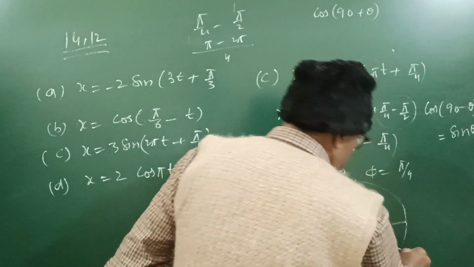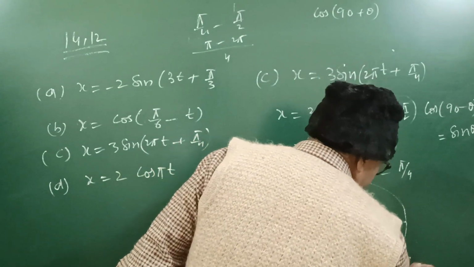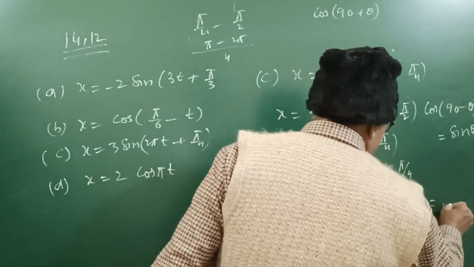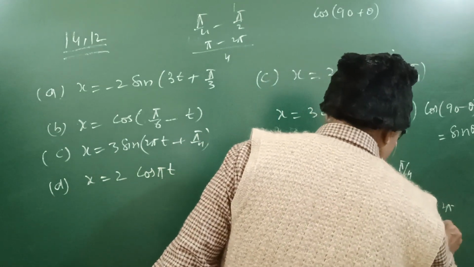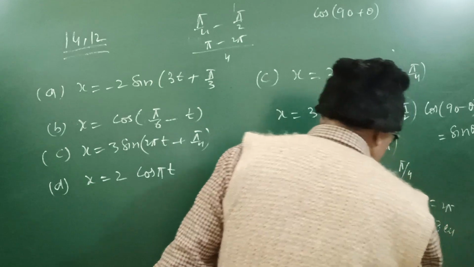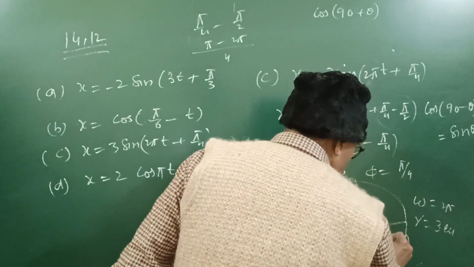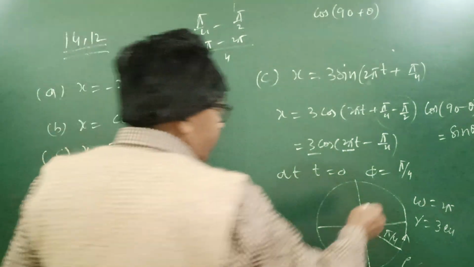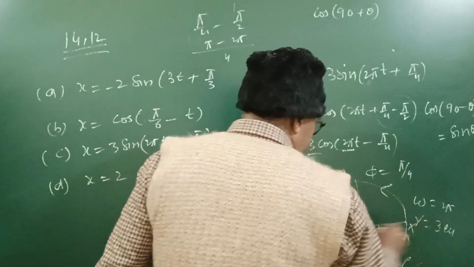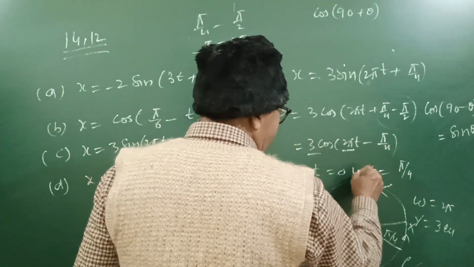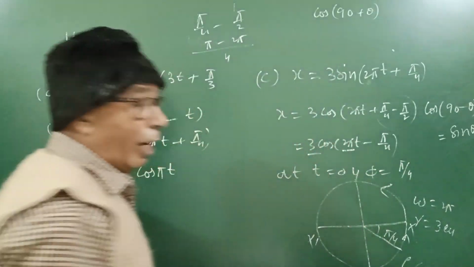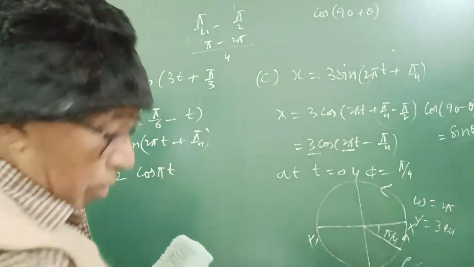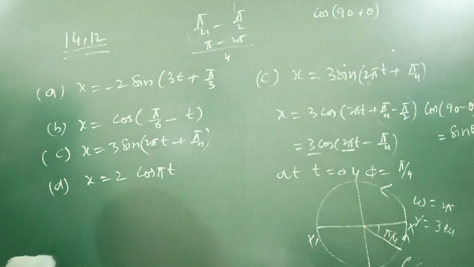Pi by 4, P at t equal to 0 here, omega 2 pi, radius 3 centimeter. Motion this way, pi by 4. So this is the reference circle. Also remember x and y dash, because you have to show x projection. Now the last is simple.